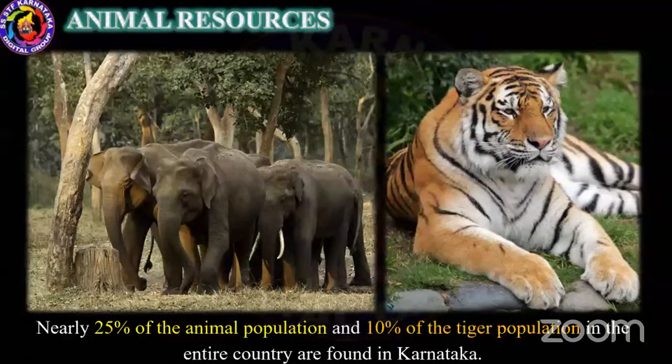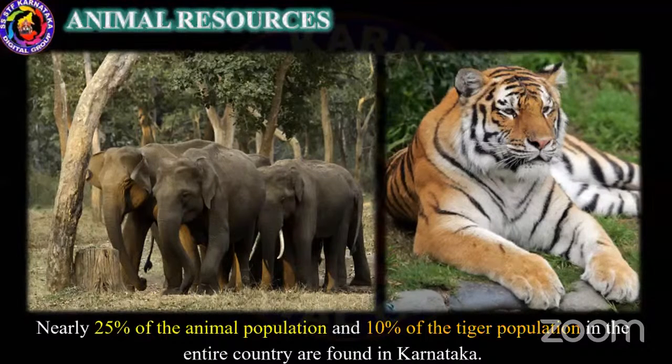Nearly 25% of the animal population and 10% of the tiger population in the entire country are found in Karnataka. It means animals are found in the Karnataka forest area.